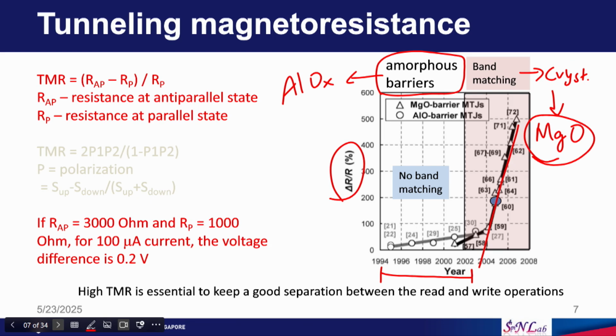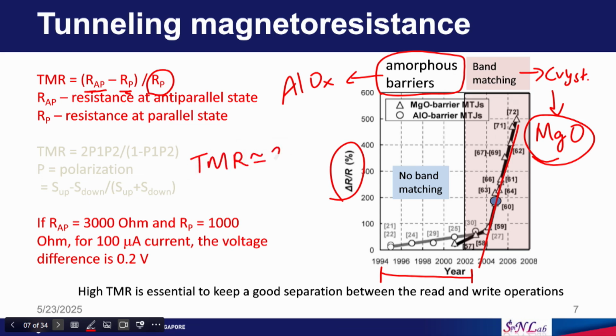Again, this is the definition of TMR. Let us say you have a certain resistance in the anti-parallel state and a certain resistance in the parallel state. The difference divided by the resistance of the parallel state gives rise to TMR. Let us say TMR is 200%.